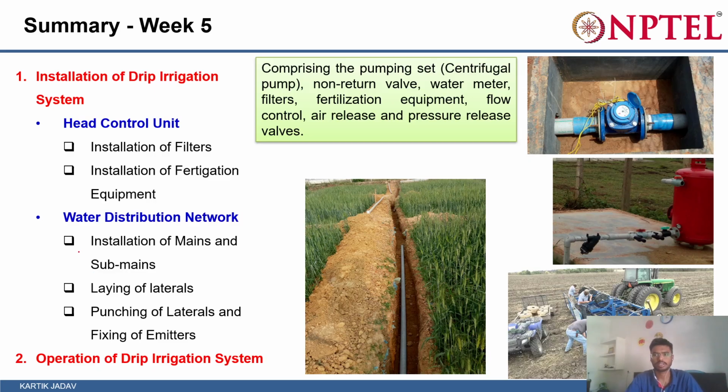These are the certain field preparations, then the distribution of the main and sub-main lines, and the filtration system. All this we need to design first on paper, and then based on the condition of the field we need to lay it out.